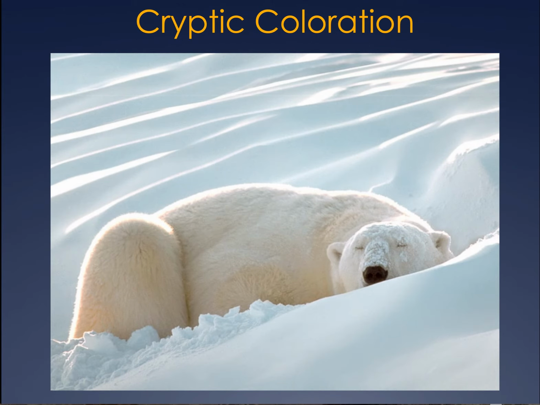Well, certainly when you get up really close to this polar bear, you can see the yellowish colors. Also notice that the way the sun is striking the hair creates this white outline of the polar bear that makes it kind of blend in. In the same way, you can see the snow drifts around the polar bear are creating those same kinds of curves. So from a distance, you might only see these kinds of outlines of the polar bear.